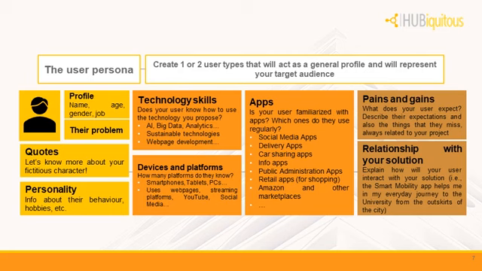And finally, you are going to put the apps that Miranda uses, okay? Which are the ones that she uses more regularly. Social media apps, for example, Instagram, delivery apps.